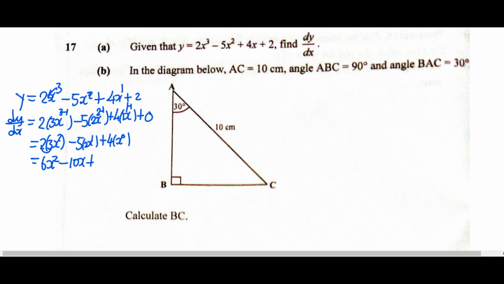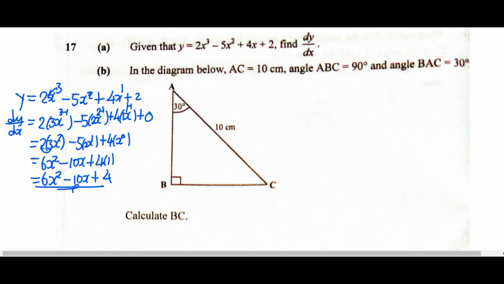Then any letter raised to the power 0 is 1. So our final answer is 6x squared minus 10x plus 4. This is our first derivative of this question here.